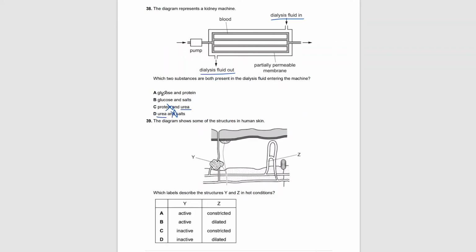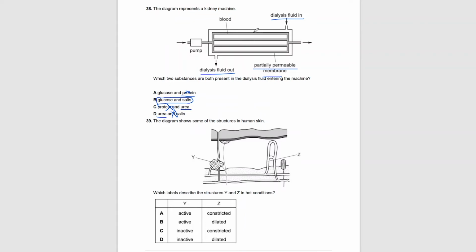In A, glucose and protein. Proteins are large molecules and they cannot pass through the dialysis membrane, the partially permeable membrane. So giving the dialysis fluid with proteins will not create a concentration gradient. And even if there was a concentration gradient, the proteins wouldn't be able to move because they are too large to pass through this membrane. So it's wrong. Glucose and salts.